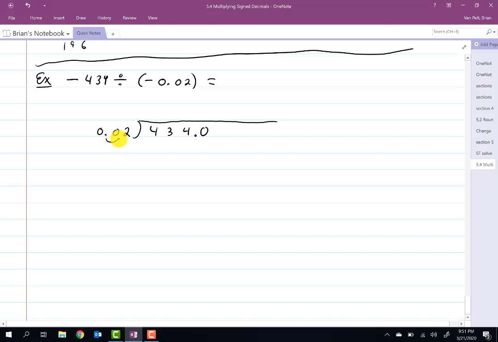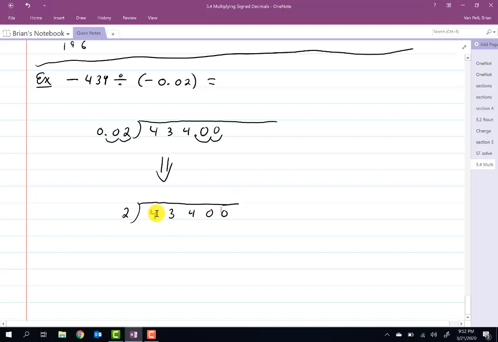I go 1, 2, so I go 1, 2. And you know what that means. I've got to fill it in with a 0 into that spot. So we're actually going to do 2 into 43,400. And I don't think I need a decimal because I think it'll go in exactly.